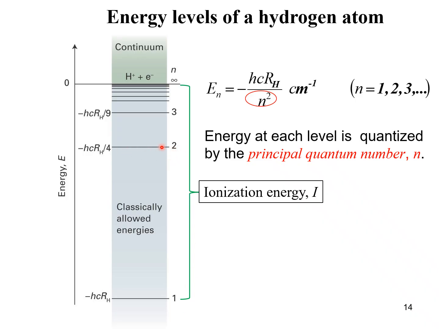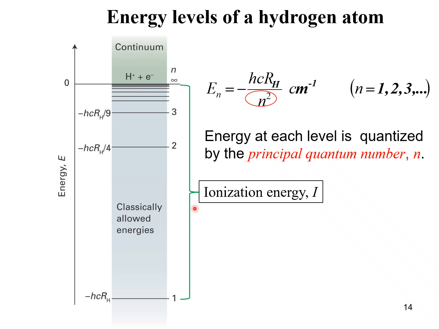And when n equals 2, this is the respective energy. N equals 3, here is the respective energy, and so on. So this set of energy levels is quantized by the principal quantum number. It has a fixed value, which is determined by the principal quantum number.